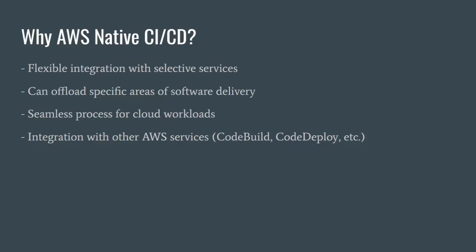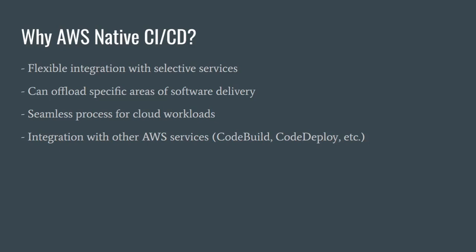The major benefit of AWS native CI/CD tools is their flexibility. You don't have to adopt a complete solution. AWS allows you to selectively integrate services where they make sense. Need a build service? CodeBuild is your go-to. Need automated deployments? That's where CodeDeploy comes in.